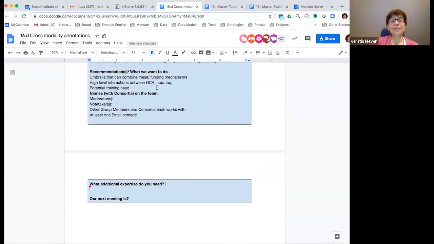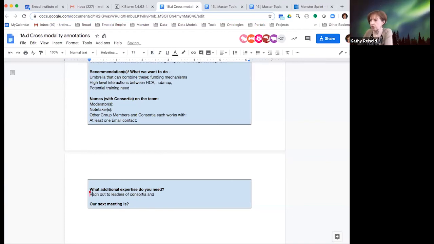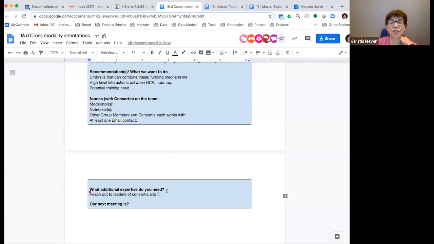Because this is really cross consortia, I would say reach out to leaders of consortia and conference organizers to reiterate this point, and to lobby funders, because one of the points we're making a few sentences further up is that having funding to support these efforts would be really helpful.